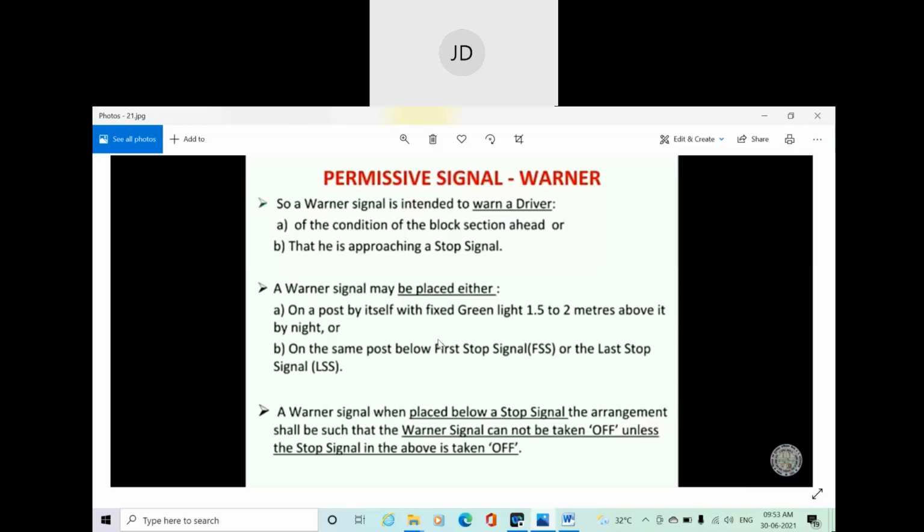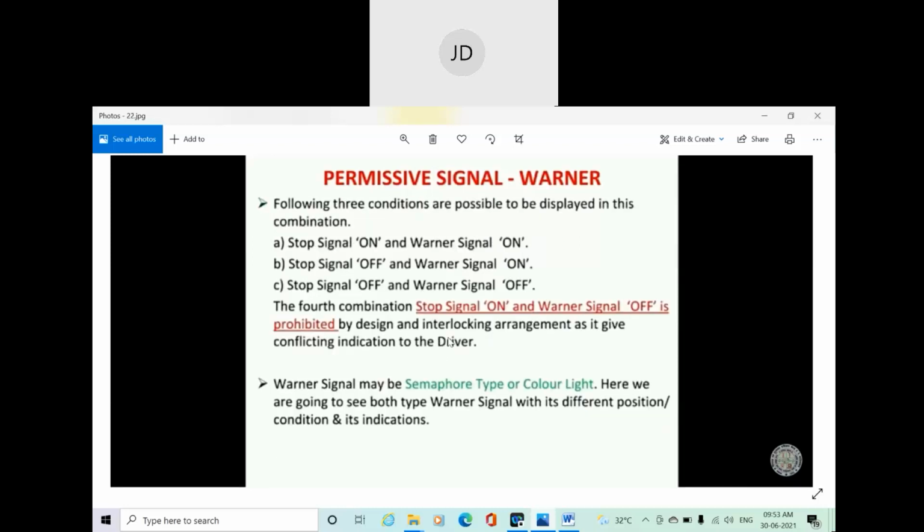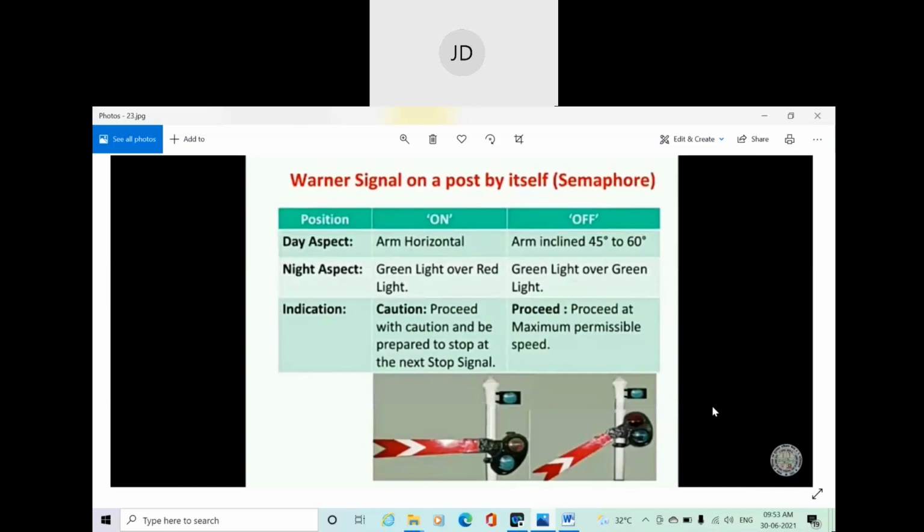Got it? So I'll show you the diagram first, as you may be a little confused. You can see here, this is a warner signal which is installed individually. This is one type where a warner signal is installed on a single post, where a green light is installed 1.5 to 2 meters above at the top basically.